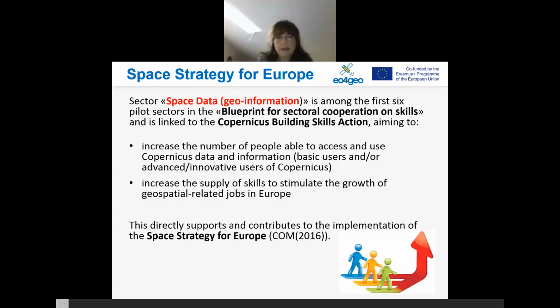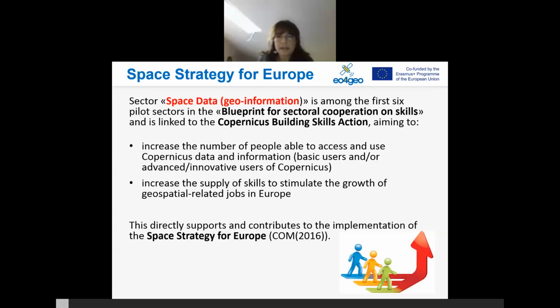All this, in fact, directly supports the space strategy for Europe, because this strategy has still among its objectives to maximize the benefits of space for society and in general the EU economy. This by encouraging the uptake of space services and data, and supporting the research and innovation through also the development of skills required in the space geospatial sector.